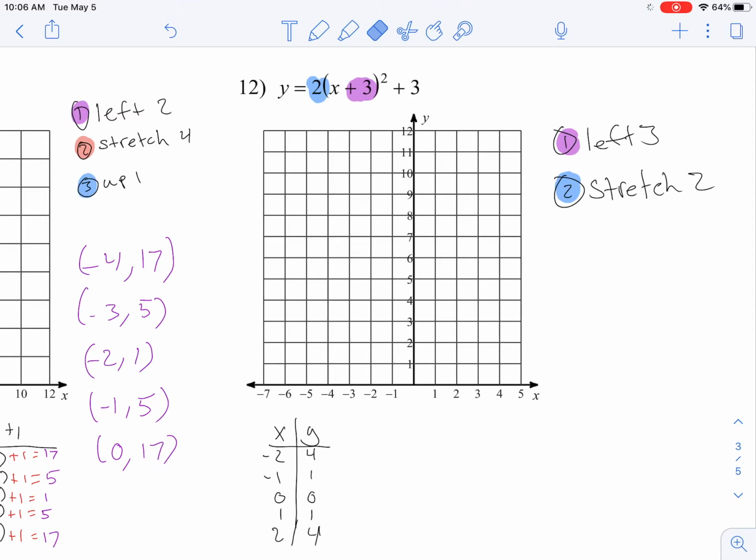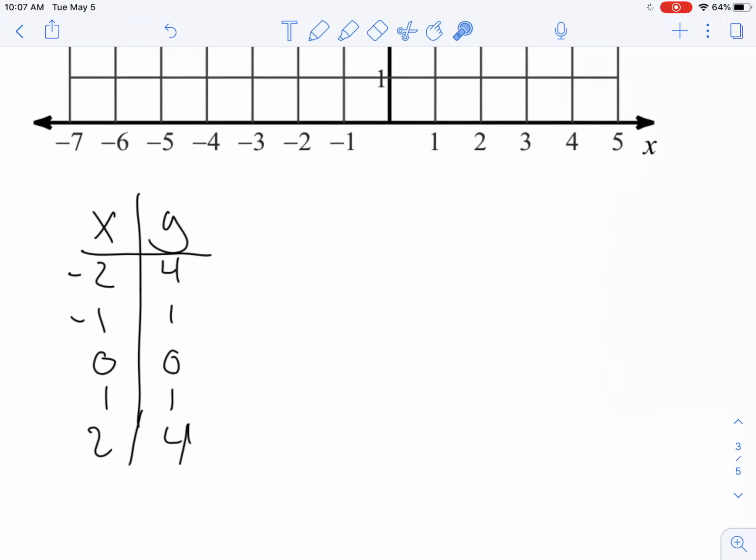And our third transformation is up 3. Okay, so we're going to apply this on a table. Step number 1 is happening to our x values. Steps numbers 2 and 3 are happening to our y's.